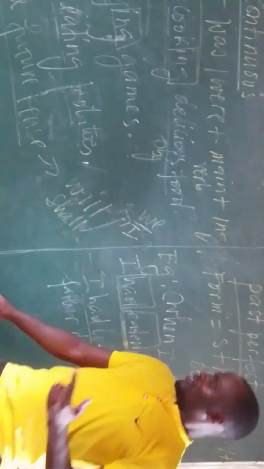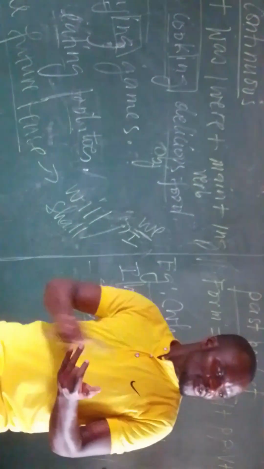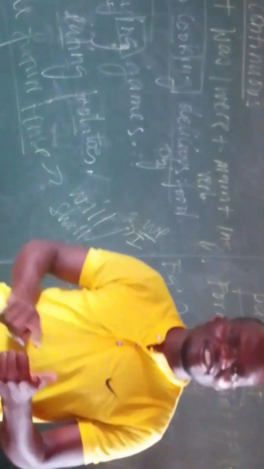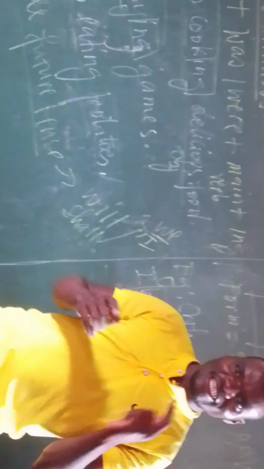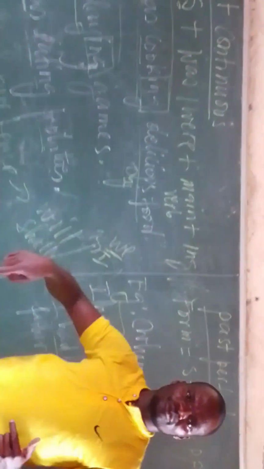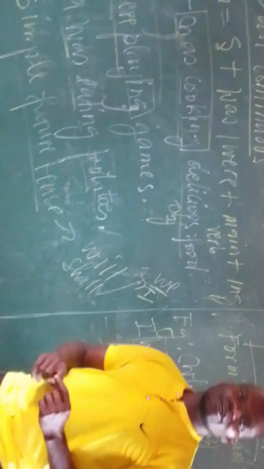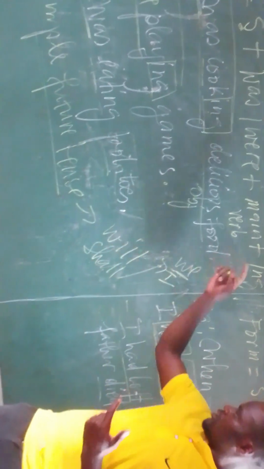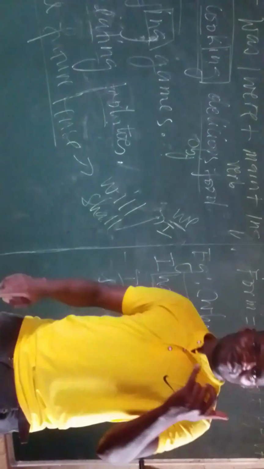For the others, from I, you, he, she, it, we and they, we can use will. We can use will for all those personal pronouns as subject pronouns, from I to they.